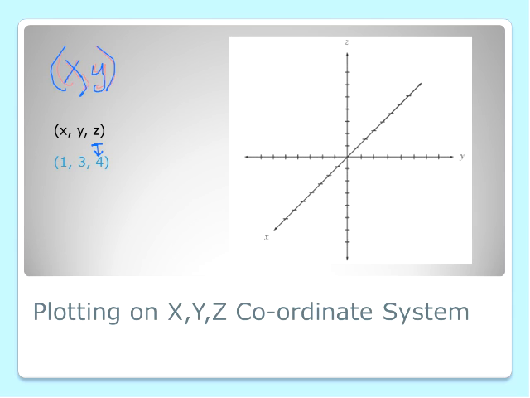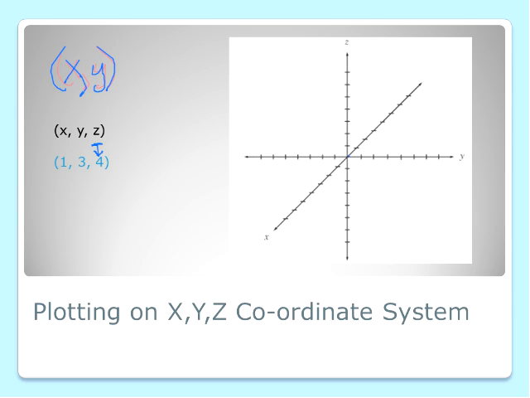So before we would have just X, Y, or 1, 3, now we have 1, 3, 4. I'm going to show you a way to help you in graphing. It's making a box, but the box is not part of the solution. Only the point is the solution. The box helps you find the point.